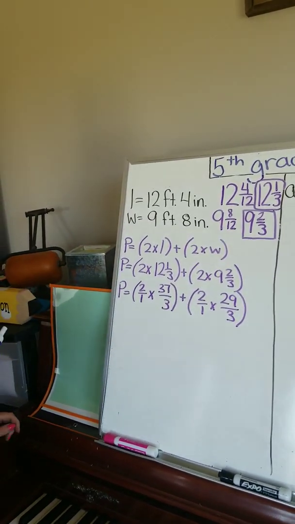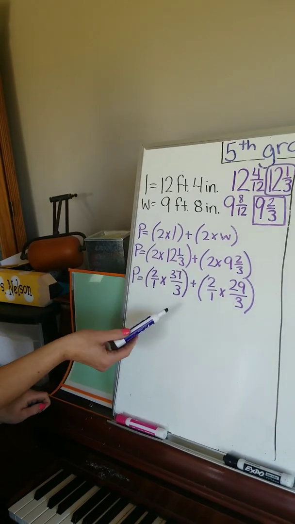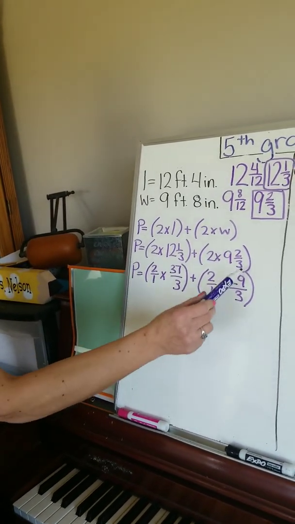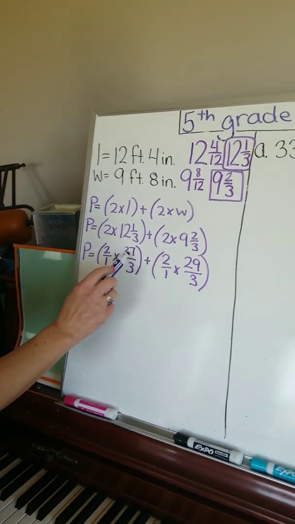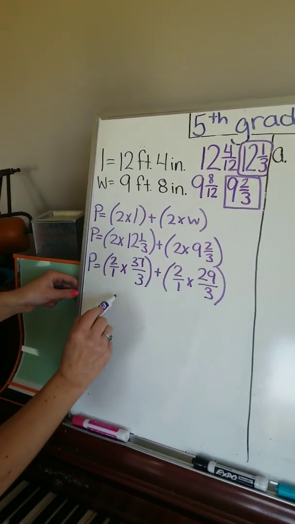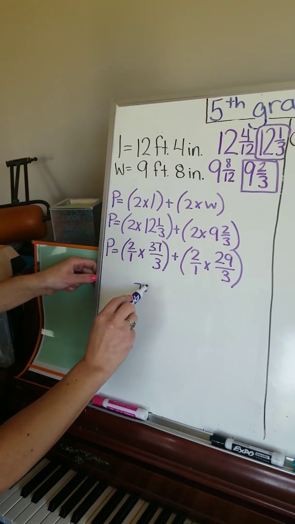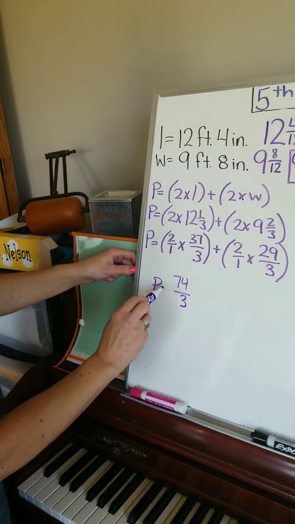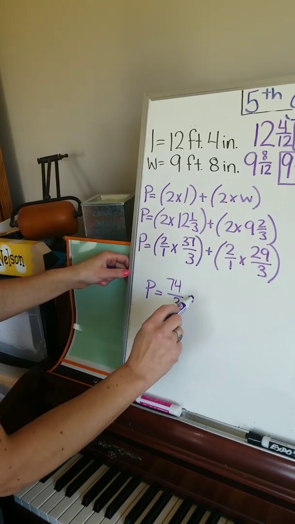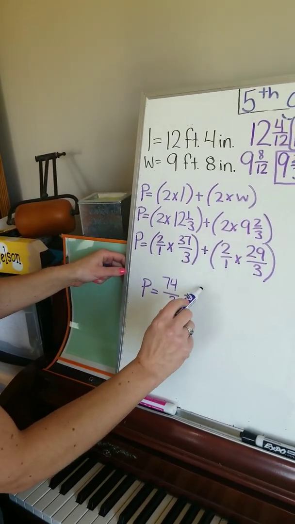Okay, now it's time to multiply. Of course, there's nothing we can cross cancel, so we're going to be dealing with some big numbers. That's all right. So 2 times 37 is 74, and 1 times 3 is 3. So I have P equals, I solved that first parentheses, plus 2 times 29 is 58.